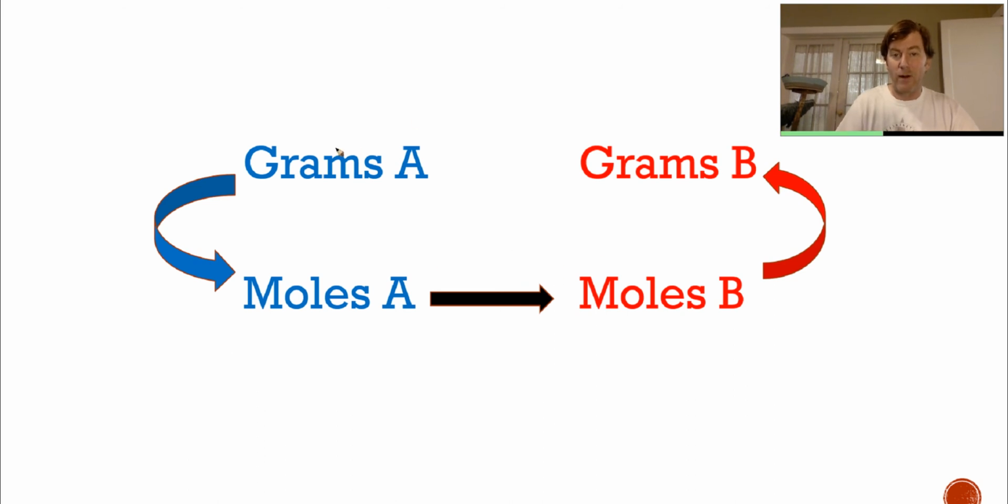I can't talk about grams of something and compare it to grams of something else. I need to know the ratio of moles for that reaction. This molar ratio, the conversion that I'm using here, I'm going to get from the balanced equation. That's where I'm going to get this molar ratio: how many moles of this to how many moles of that?